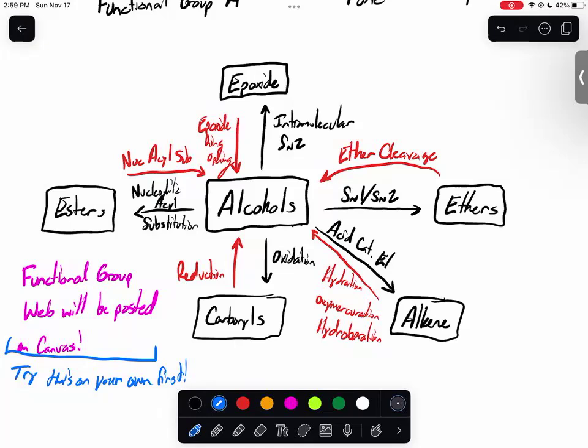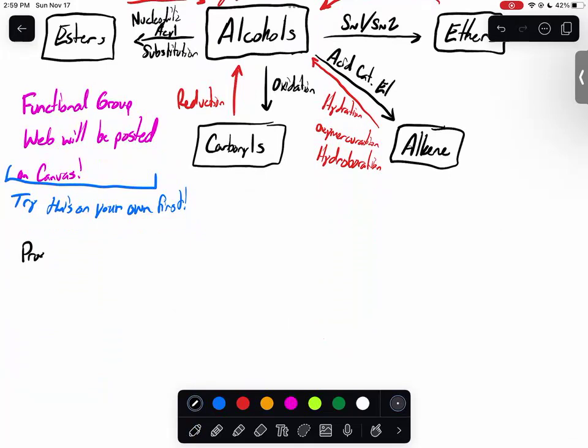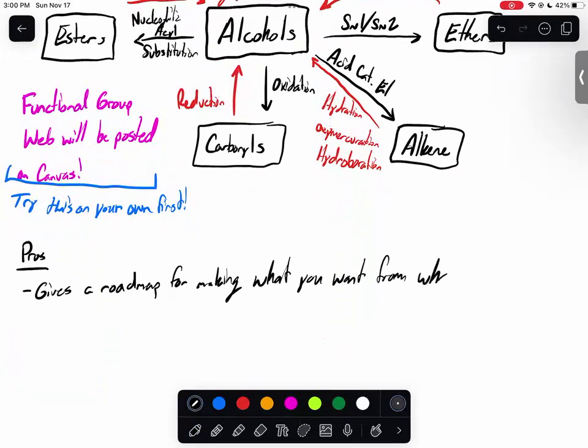So, thinking about this in terms of pros and cons, the pro of this approach is that it gives a roadmap for making what you want from what you have. For example, let's say you want an ether, but you have a carbonyl.